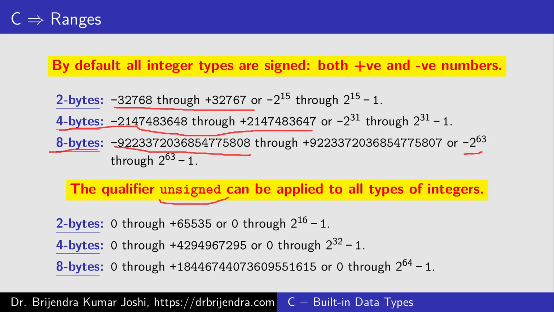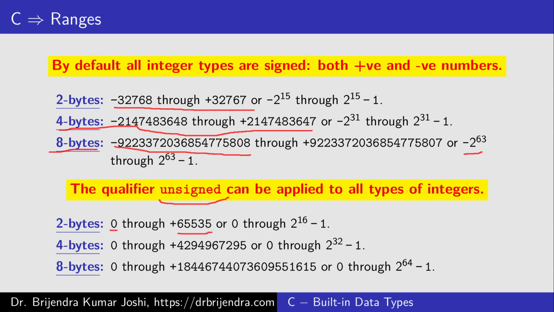So then it will represent 0 as the minimum number representable, and the maximum number depends on the number of bytes. For 2 bytes, the smallest positive integer would be 0, and the maximum would be plus 65,535, or you can say 0 through 2 to the power 16 minus 1.